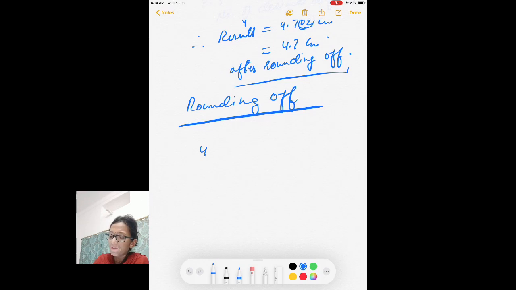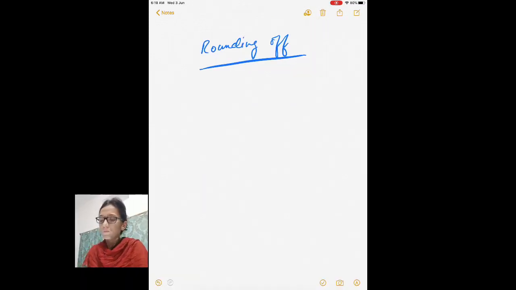Let us learn rounding off with the help of an example.